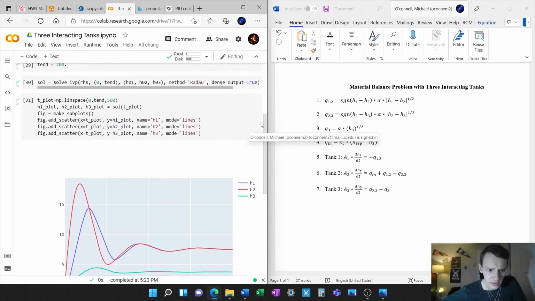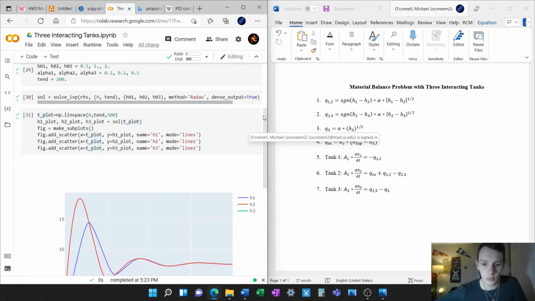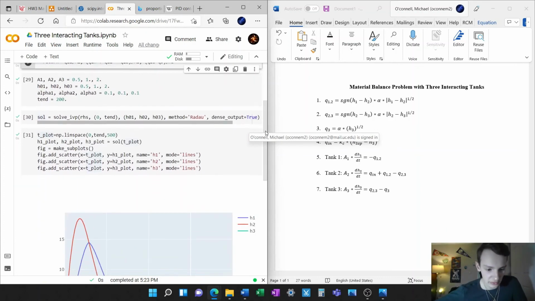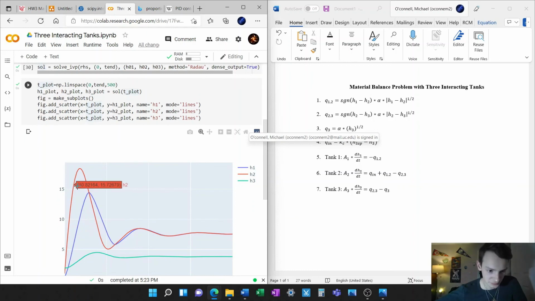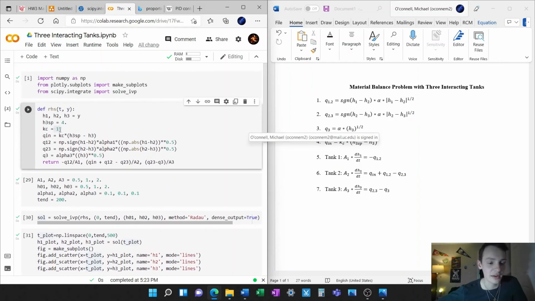As you can see from what I was playing around with, we get closer to our set point when we increase the KC value. The problem is that the heights in our other tanks are probably going crazy. They're way too high, as you saw when I had the KC value of 10.